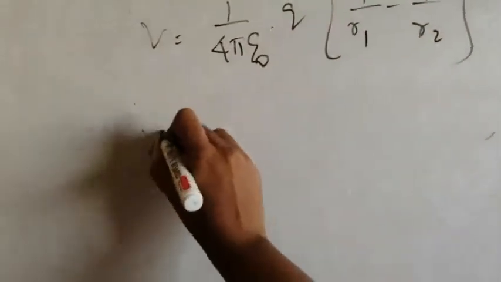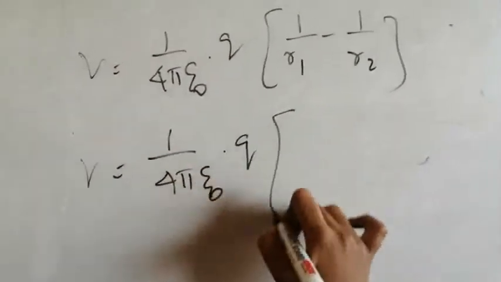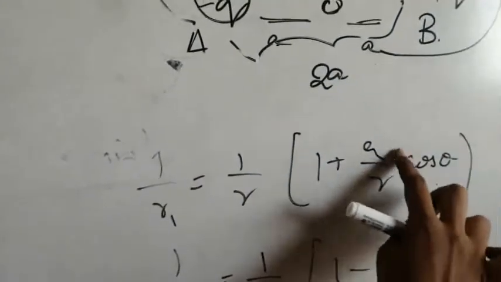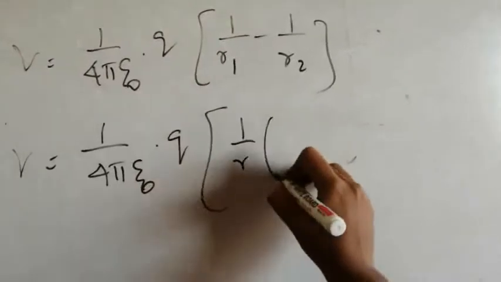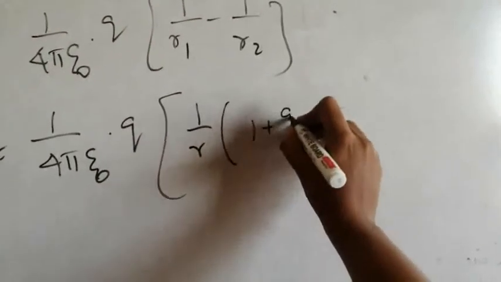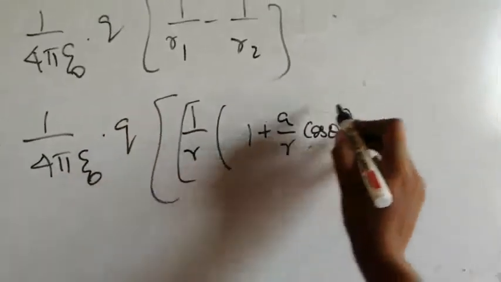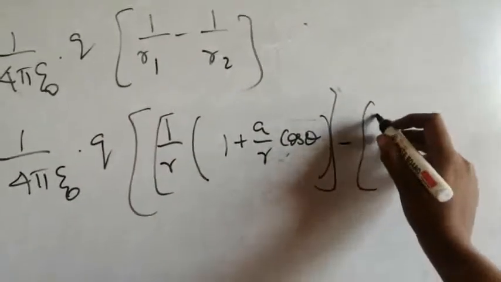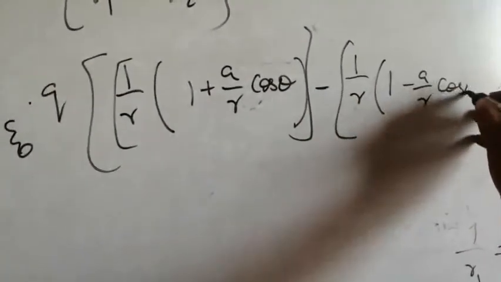V is equal to 1 by 4 pi epsilon naught into Q. For 1 by r1, it is 1 by r into 1 plus a by r cos theta, this one fully. Then minus, for 1 by r2 it is 1 by r into 1 minus a by r cos theta.